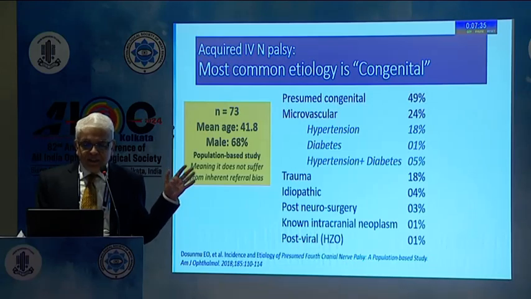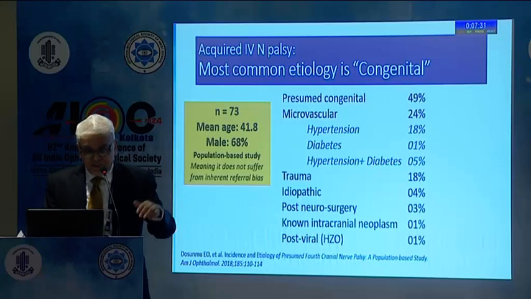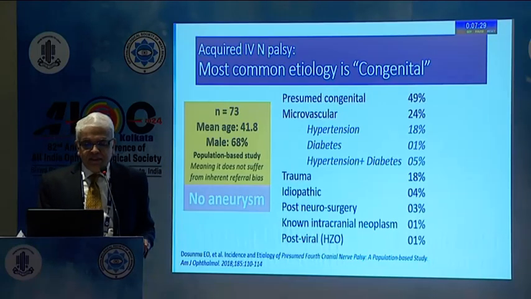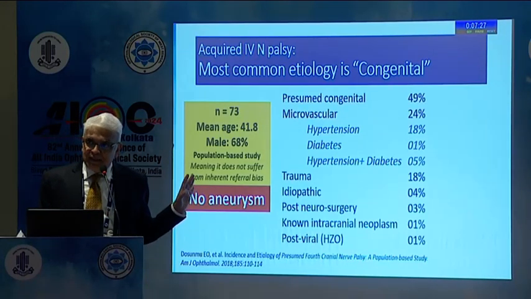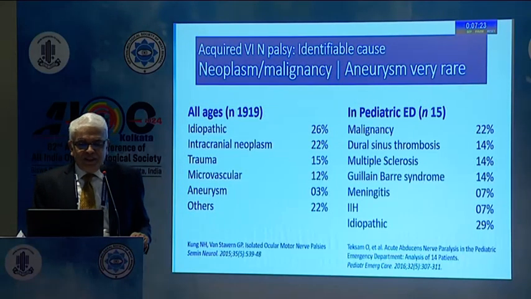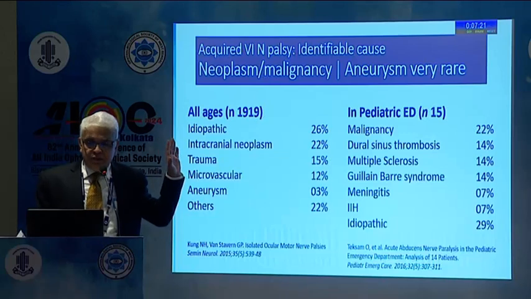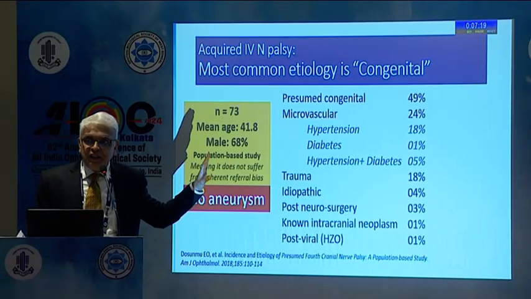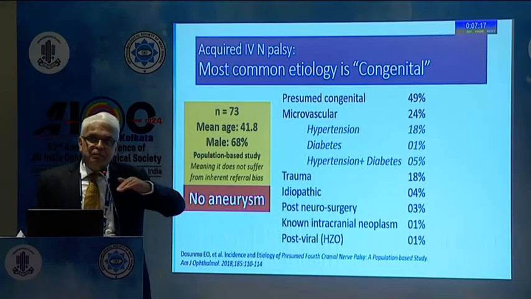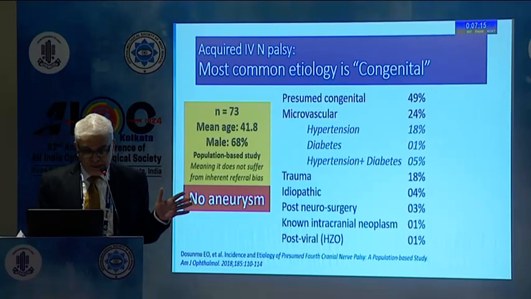What is very interesting in this population-based study, which means it does not suffer from referral bias to a certain institution, is that there was no aneurysm in this list at all. So there itself, I can say that you don't need to do MRIs for all as a blanket thing for all cranial nerve palsies.